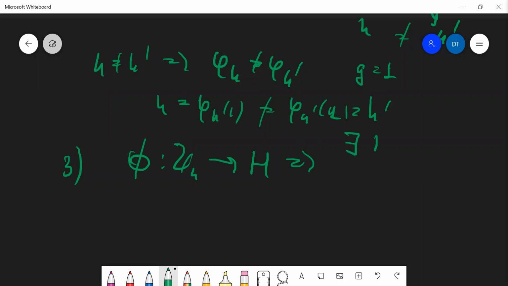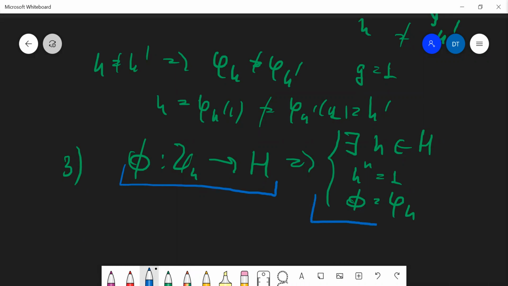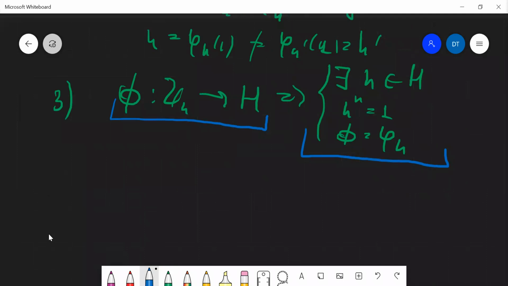We can find an element h prime from H such that h to the n is equal to 1 and phi is equal to phi of h prime. So we want to prove more. You see? This is what we're given, and this is what we want to prove. We prove this in a similar way, but this is a different thing. And here we want to prove two things.